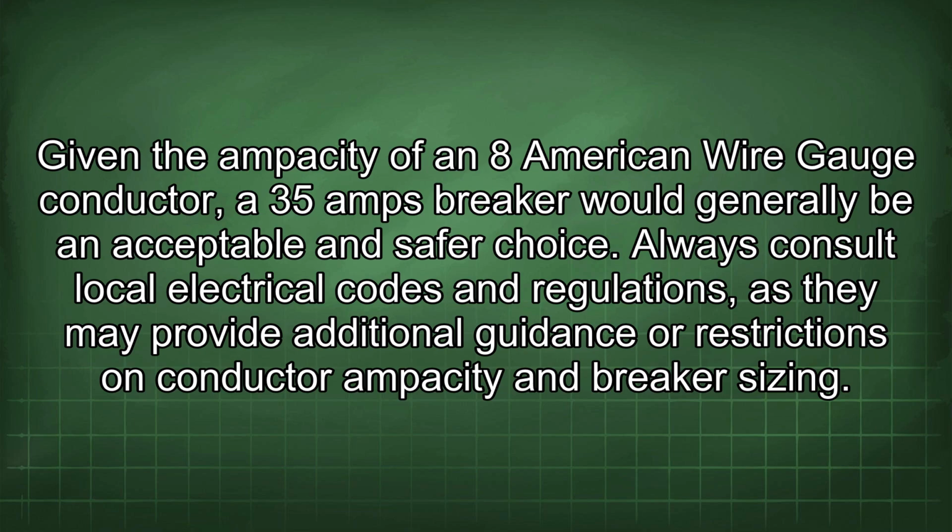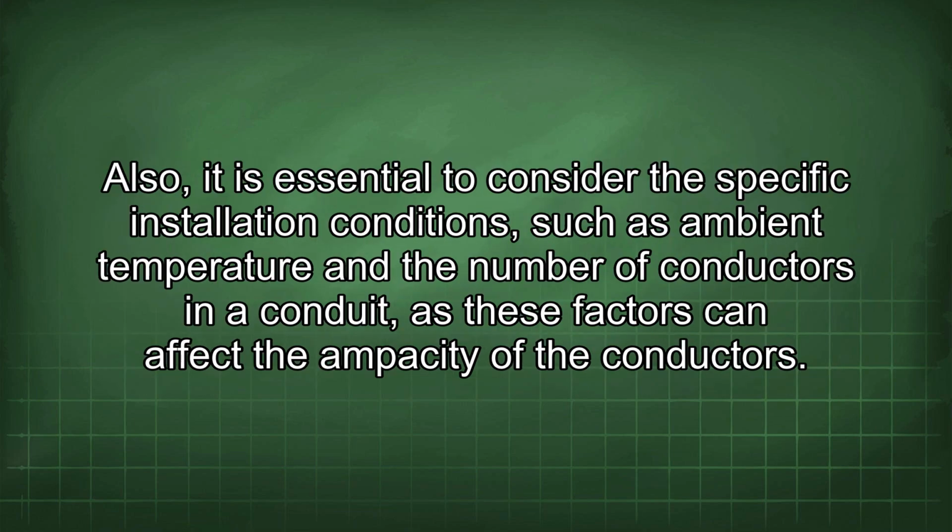Always consult local electrical codes and regulations, as they may provide additional guidance or restrictions on conductor ampacity and breaker sizing. Also, it is essential to consider the specific installation conditions such as ambient temperature and the number of conductors in the conduit, as these factors can affect the ampacity of the conductors.